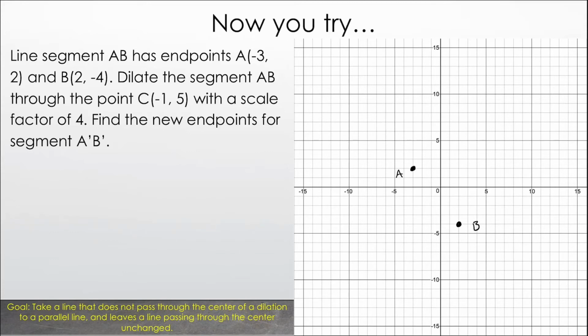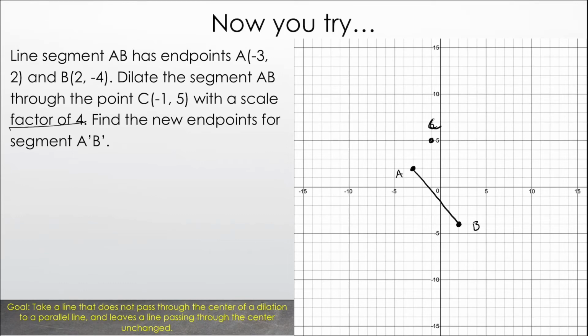It says to dilate the segment AB through point C, which is at -1, 5. This is point C, and I have a scale factor of 4.